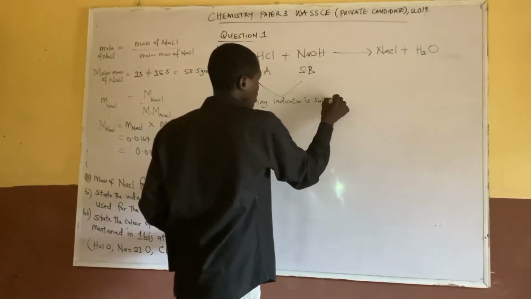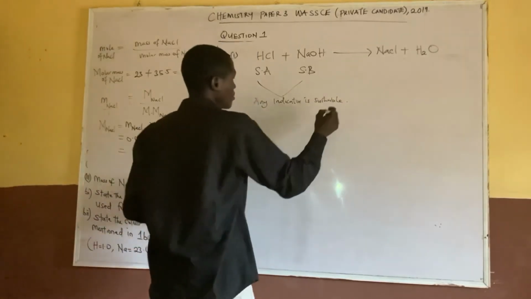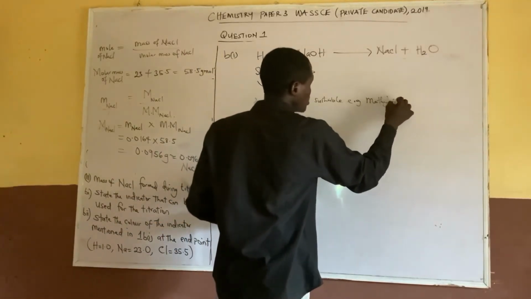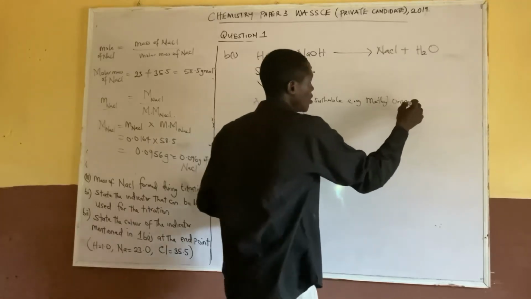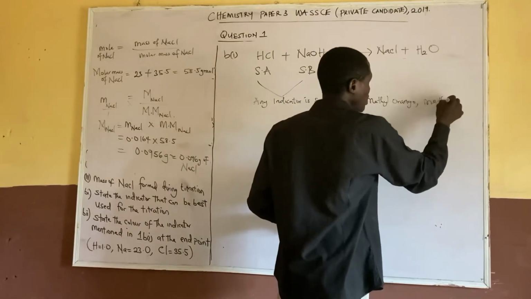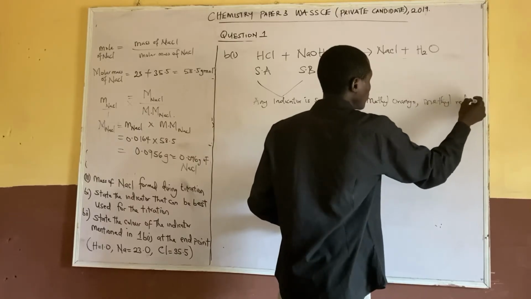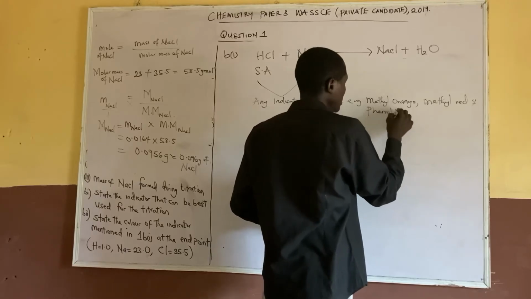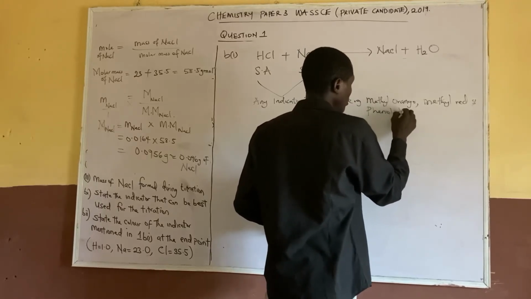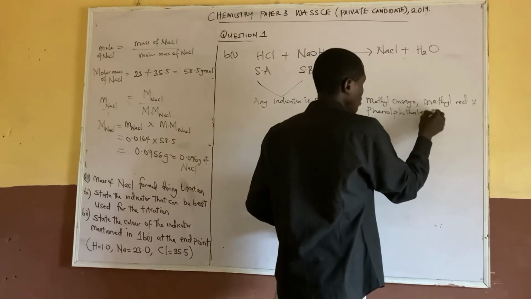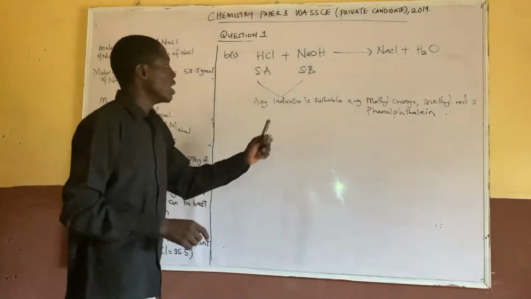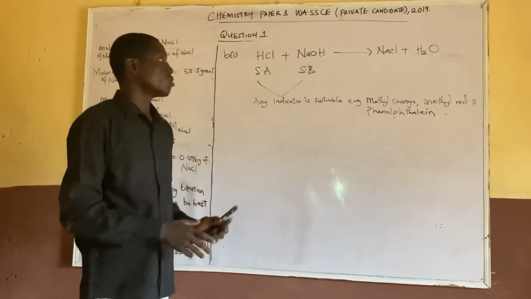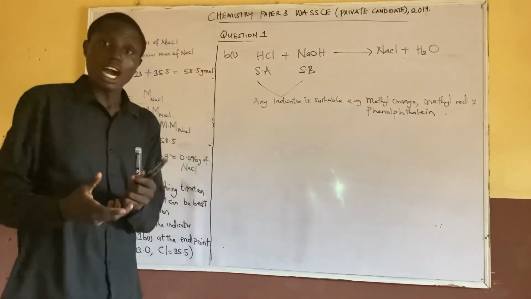And we have many indicators like that, for example methyl orange, methyl red, and phenolphthalein. So any indicator is suitable. You can use methyl orange, methyl red, or phenolphthalein, depending on your choice, because we are dealing with a strong acid and a strong base.